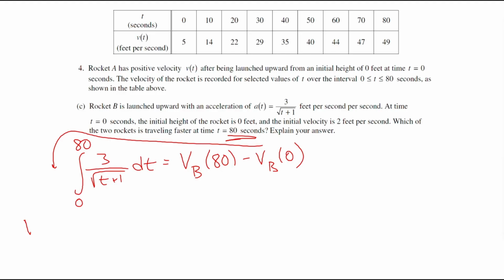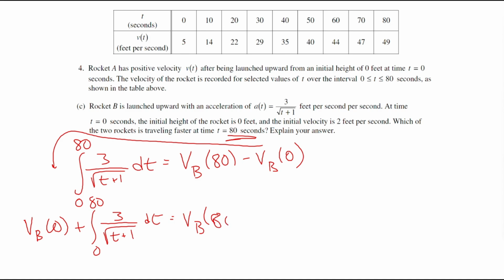So v sub b of 0 plus the integral from 0 to 80 of 3 over root t plus 1 dt should equal v sub b of 80. Well, v sub b of 0, the initial velocity, was 2 feet per second.